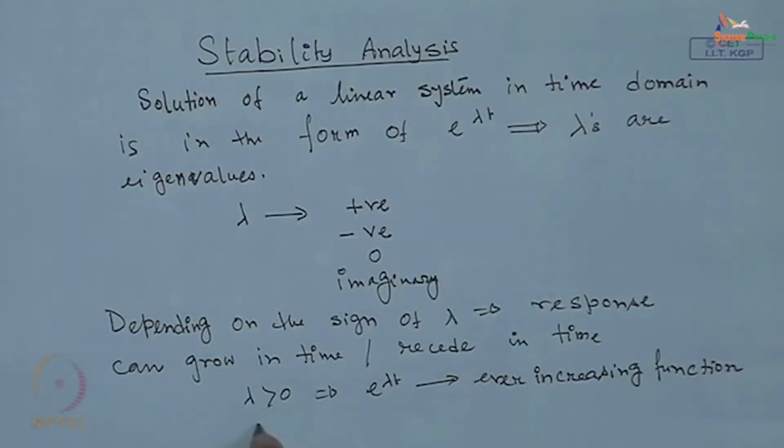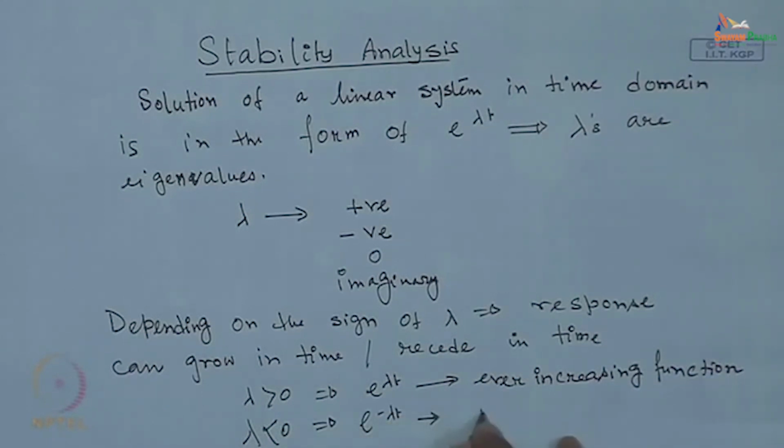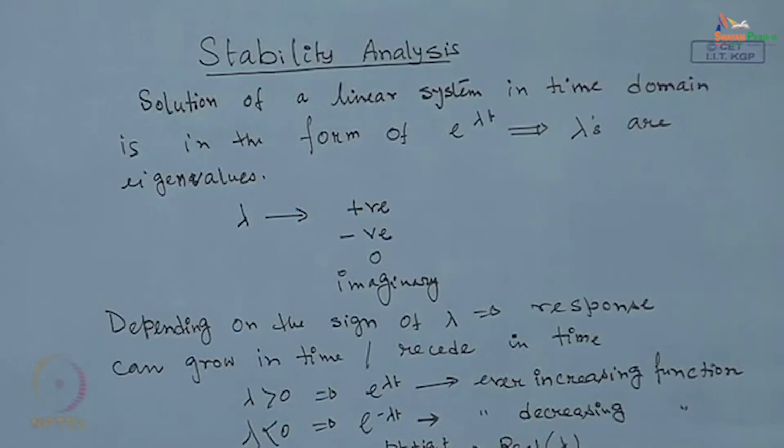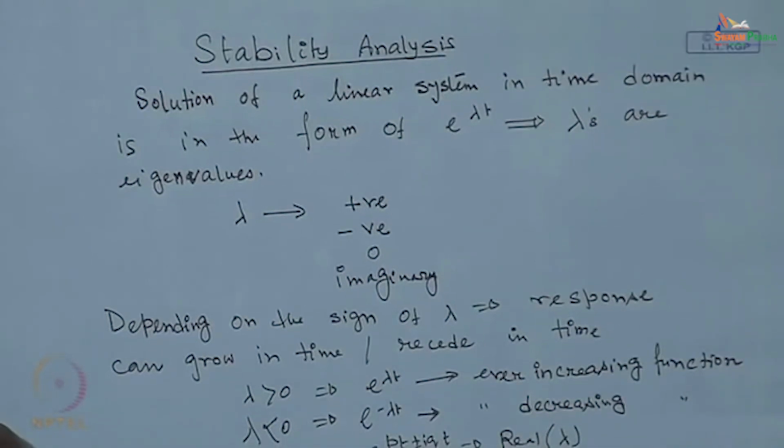On the other hand, if lambda is negative, then e to the power minus lambda t is an ever decreasing function. If lambda is imaginary, let us say p plus minus i q, then this will be entirely dependent upon the real part of lambda. Now, if the real part of lambda is greater than 0, then the response will grow in time. If the real part of lambda is negative, the response will die down in time.